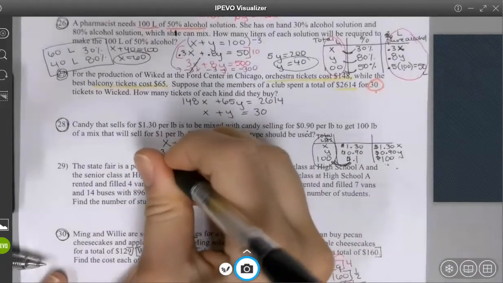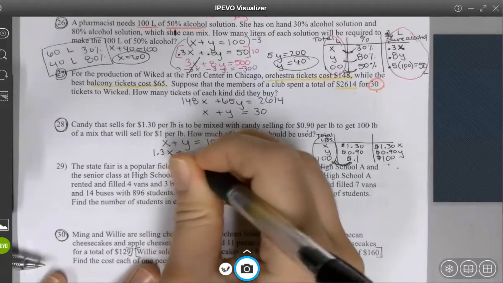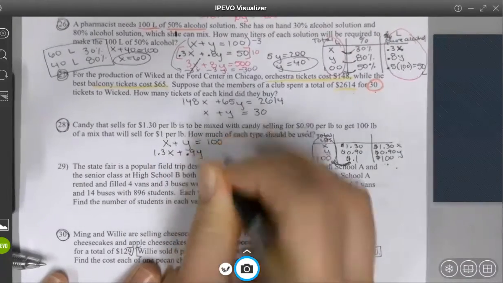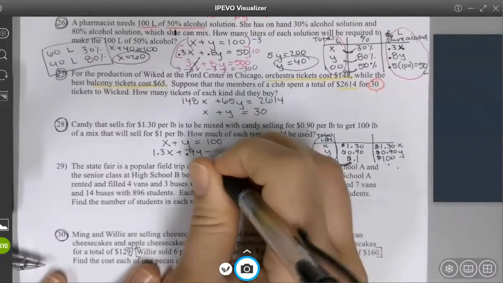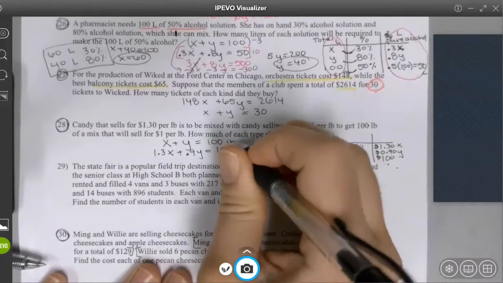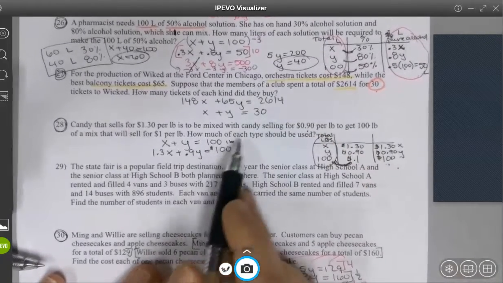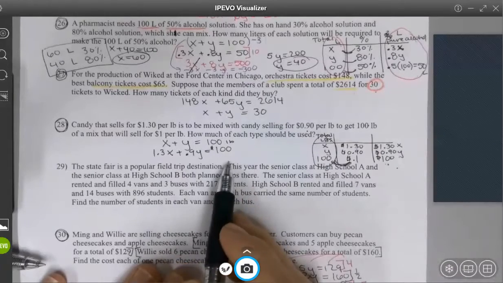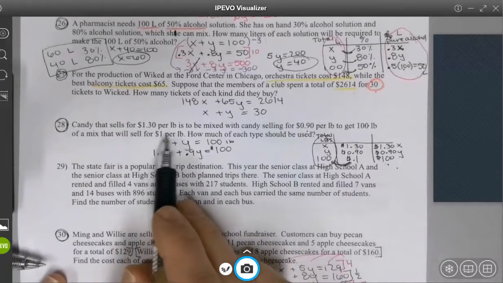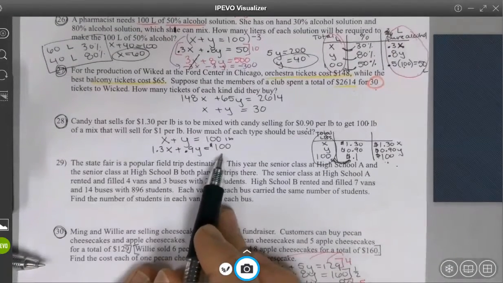So if I make $1.30 per pound of x, and 90 cents per pound of y, I want it to total $100. So there's a difference here. This is really 100 pounds, and this is $100. You wouldn't put units in normally, but just to differentiate for you why they're both equal to 100. It's just because it's only $1 per pound. Because at $1.50 per pound, this would be 150.